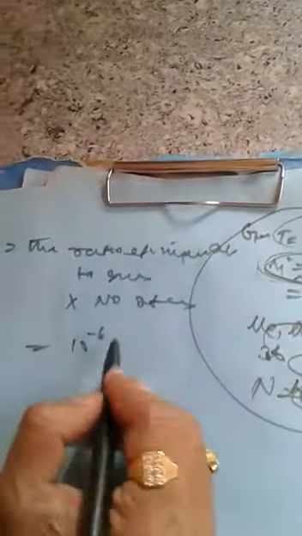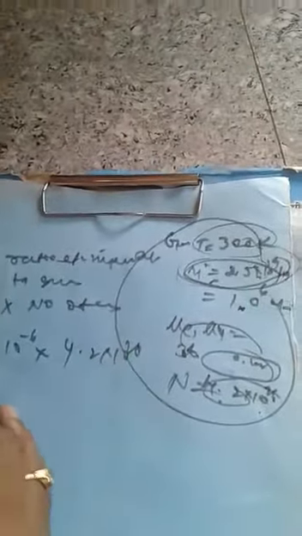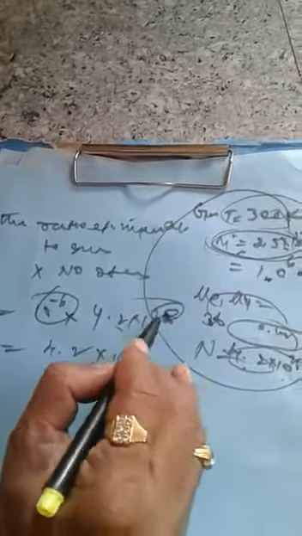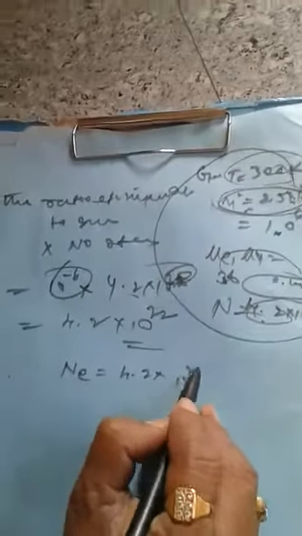The ratio of impurities is 10 to the power of minus 6, so it is 1 by 10 into 10 to the power of minus 6, into the number of atoms, 4.2 into 10 to the power of 28. Multiplying this, 4.2 into 10 to the power of 28 minus 6 is 22. This is the value. But all the impurity atoms are ionized, therefore the number of free electrons due to impurities is equal to 4.2 into 10 to the power of 22 only.